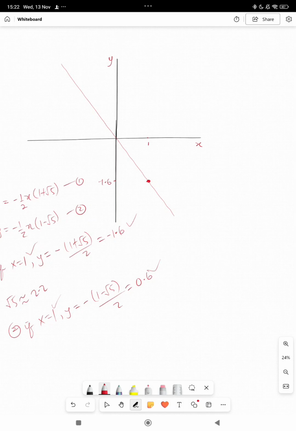And the next one, we have y to be 0.6, so somewhere here, which will give us a point here. That one also passes through the origin. This line is given by y equals -1/2 x (1 + √5), and this line is given by y equals -1/2 x (1 - √5).